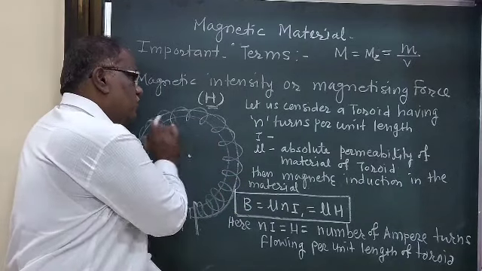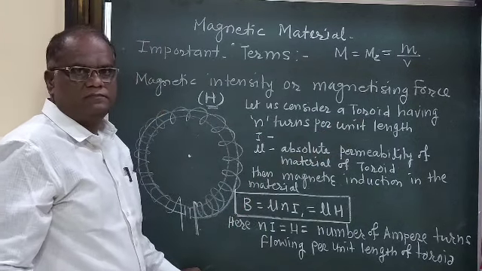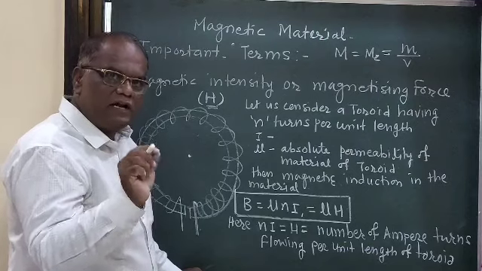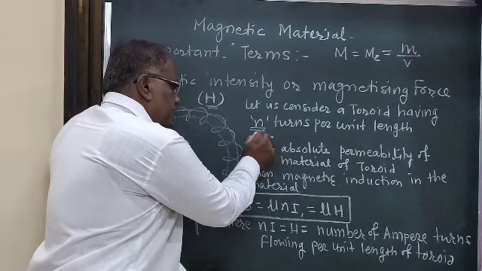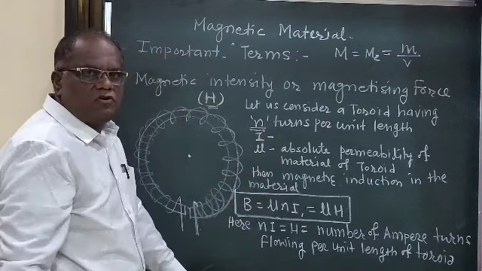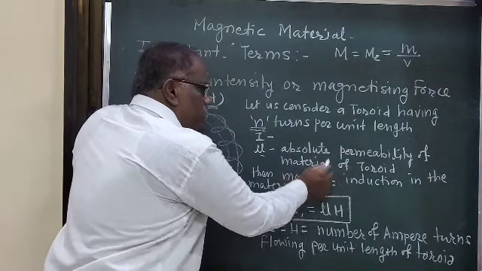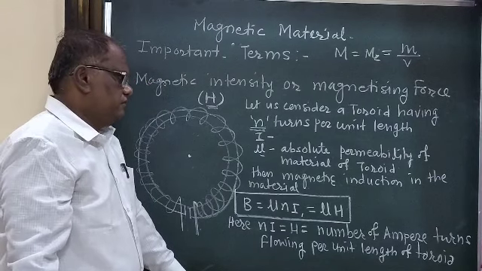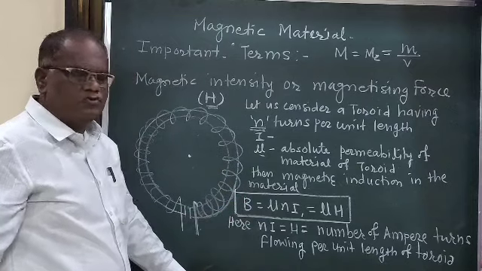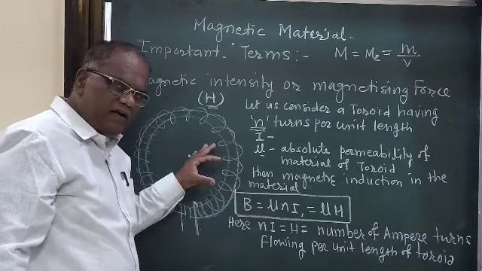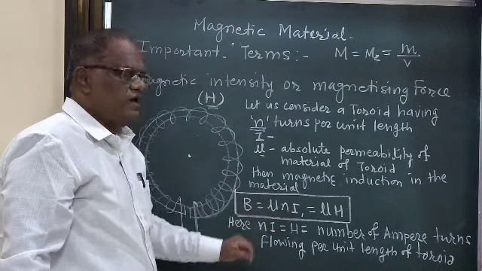Now let us consider a toroid having n turns per unit length and carrying current I. Let mu be the absolute permeability of the material of the toroid. Then we know that when current flows through the toroid, magnetic induction is produced in the toroid. Magnetic induction or magnetic flux density has the formula mu Ni.